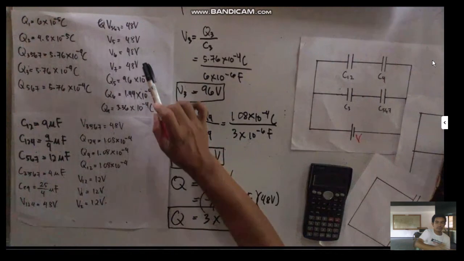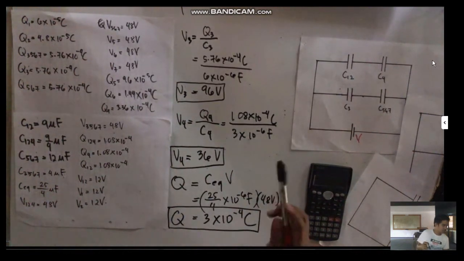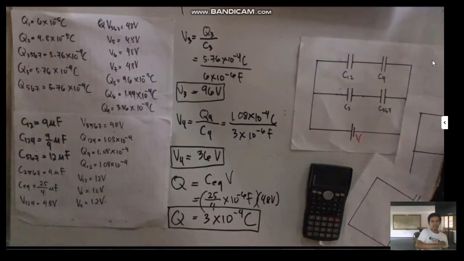V7, 48 volts. Total voltage is 48, which is already given. Next is the equivalent capacitance. Yes, it's 25/4 microfarad. So we're done. So that is the last example of complex combination of capacitors.